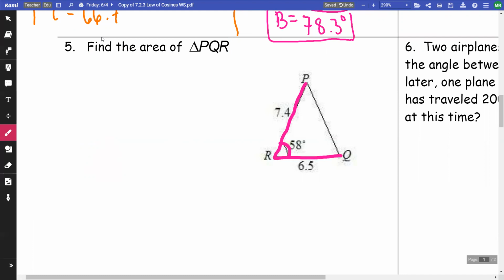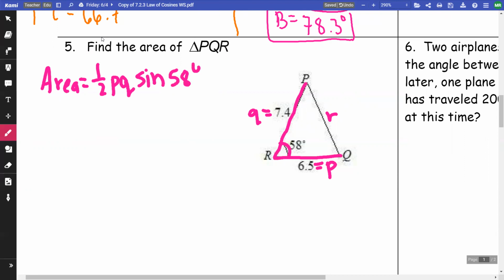Let me just mark everything. This is going to be little p. This is little q. This would be little r, but I don't need it. Since I have my q, my p, and angle r, my area formula is going to be 1/2 p times q times sine of r.